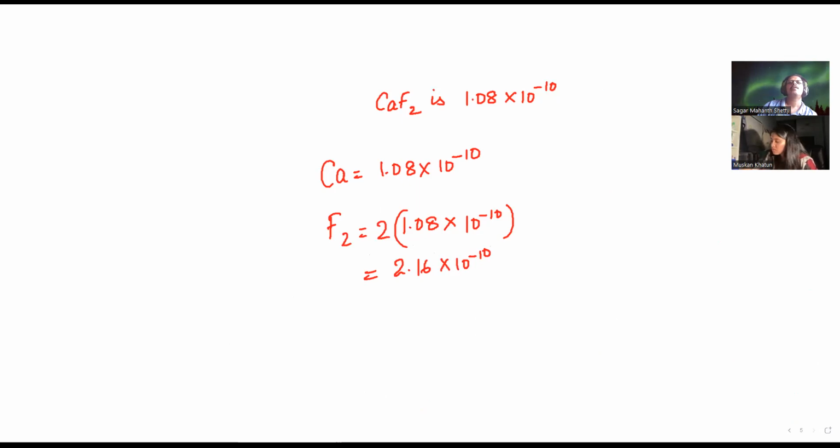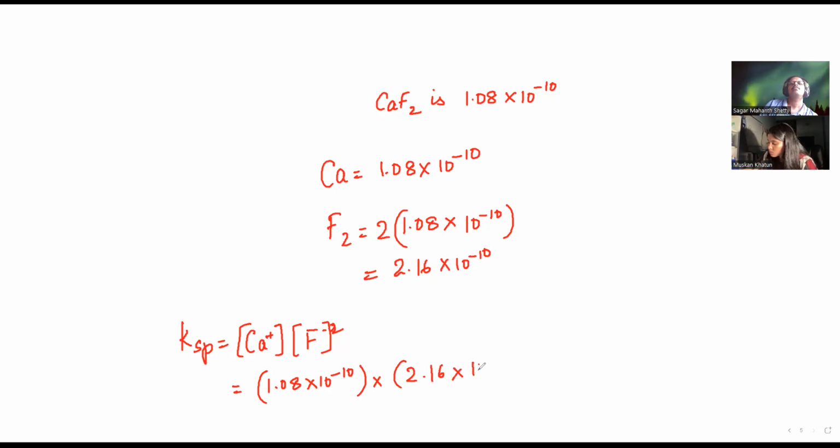So next, what you need to do here is the solubility product would be Ca times F. So calcium would be 1.08 into 10 to the power of minus 10 times 2.16 into 10 to the power of minus 10 raised to the power of 2.